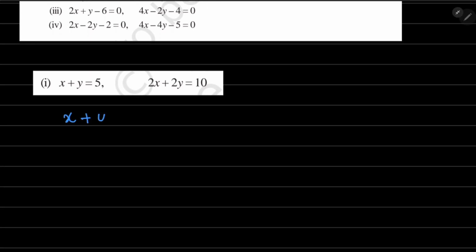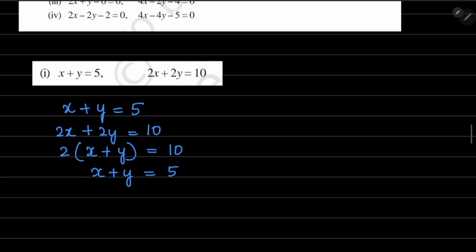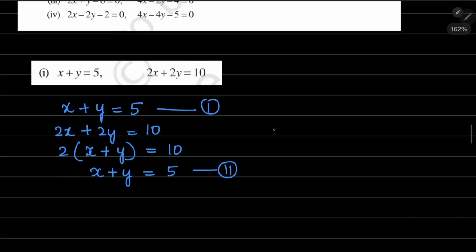So what is the first thing? x plus y equal to 5. And the second one, 2x plus 2y equal to 10. If you take 2 common out, what do you get? x plus y equal to 10 divided by 2, which is 5. So both the lines are the same, isn't it? This is your equation 1, this is your second equation. What do you see here?